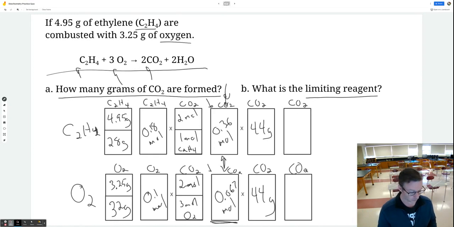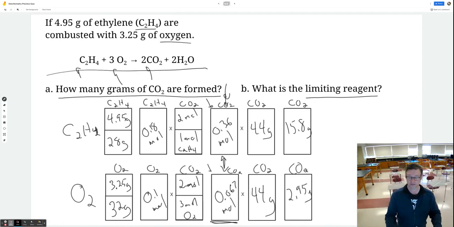So I can do 0.36 times 44 and I get 15.8. I do 0.067 times 44 and I get 2.95 grams. Okay, so again, if I look at the final answer here, the C2H4 could create up to 15.8 grams of CO2.